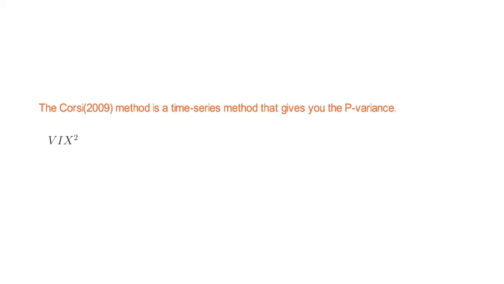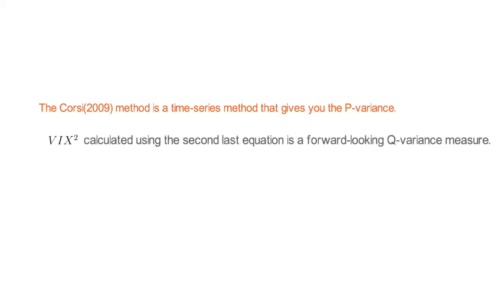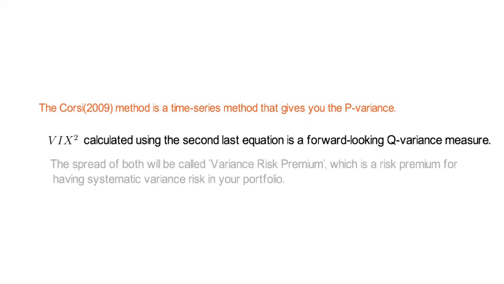VIX to the power of 2, calculated using the second last equation from above, is a forward-looking measure for Q variance. And the spread of both will be called the variance risk premium, which is a risk premium for having systematic variance risk in your portfolio.